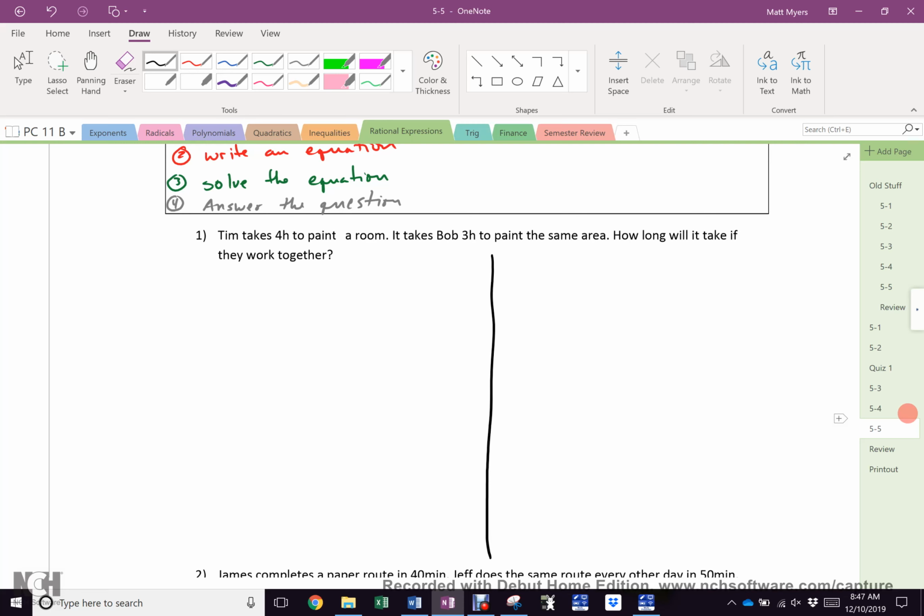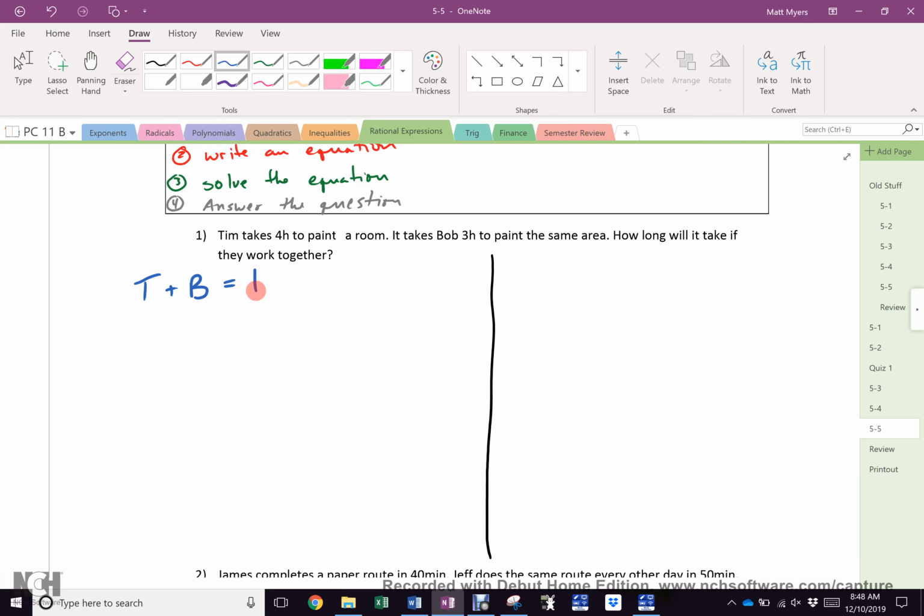So we could look at it this way. Tim plus Bob will equal how many rooms painted? 1. Everyone agree? Okay.